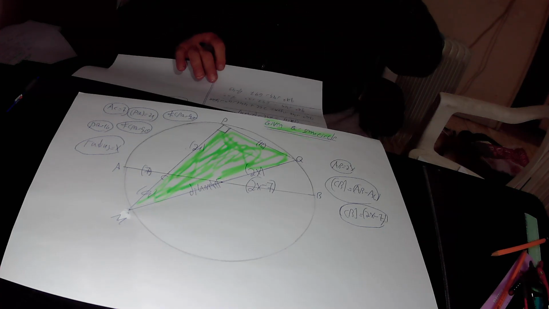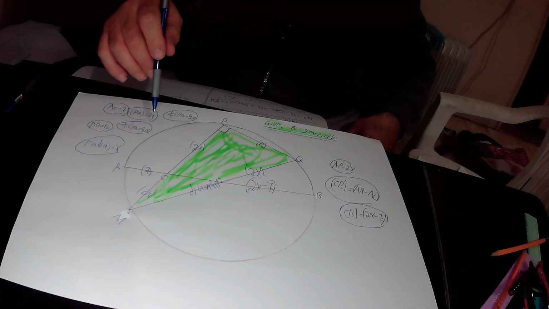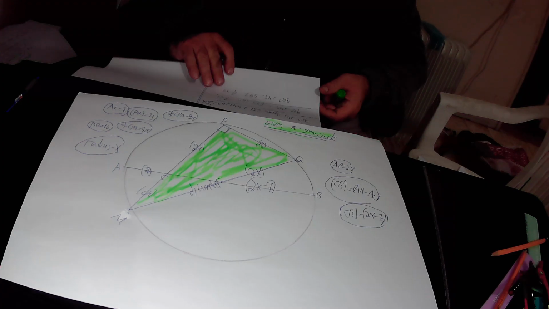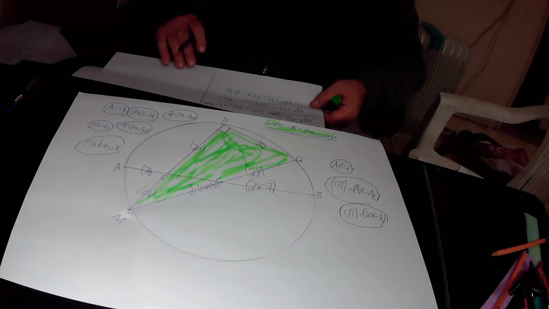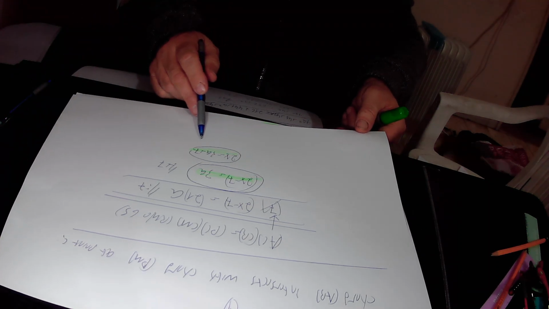And our task is to find out the area of this semicircle APQB. So here we already found out that 2x equals 3a plus 7.